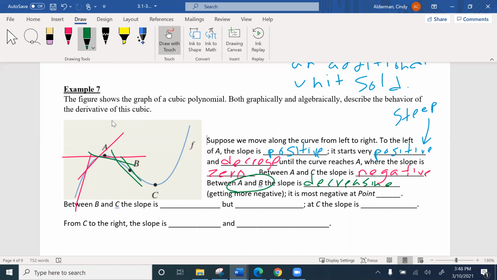That's just between A and B. Let me draw those lines a little better. So here's the slope. Well, that's not very good.